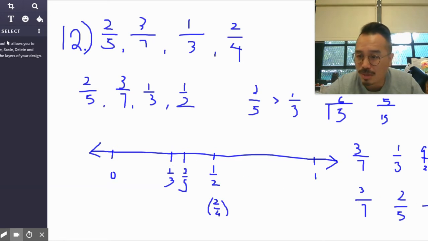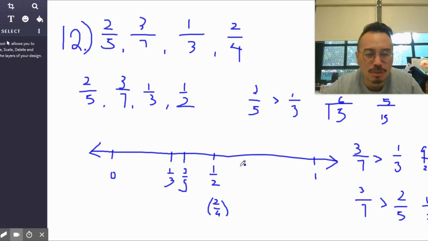Now let's see what the rest of this ranks. Common denominator: 7 times 5, 5 times 3 is 15, 5 times 7, and 7 times 2 is 14. So 3/7 is greater than both 1/3 and 2/5, but it's going to fall short of 1/2, because you would need 3.5 over 7 to be 1/2.